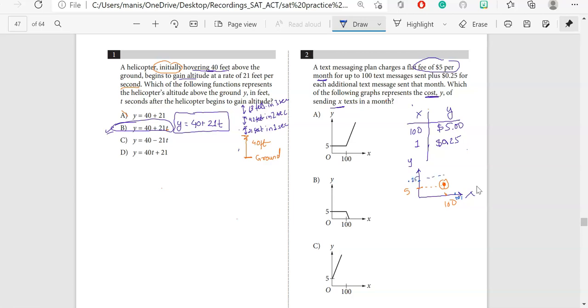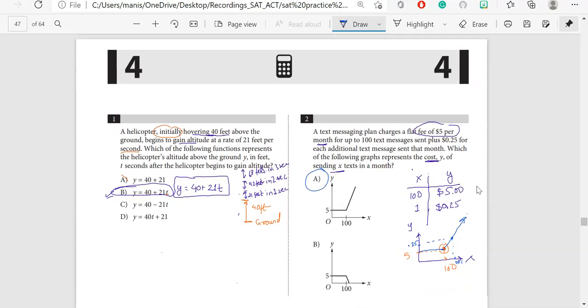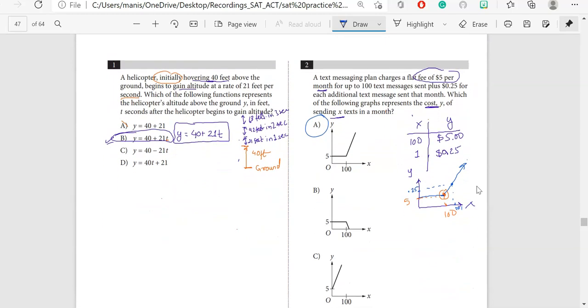So my graph looks like this. If I look at all of these choices, only choice A really looks like my graph. So choice A is the correct answer for this question.